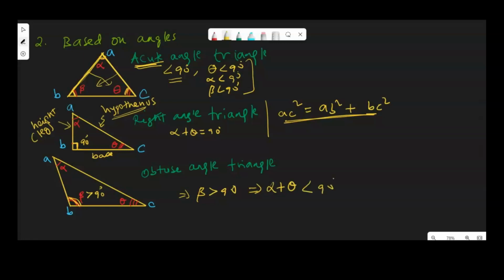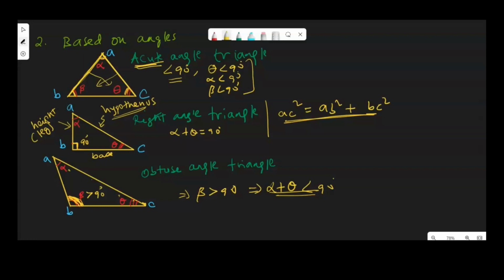The longest side, which is AC, is the side opposite to the obtuse angle. That means the longest side AC is the side opposite to the largest angle, and the smallest side is the side opposite to the smallest angle.